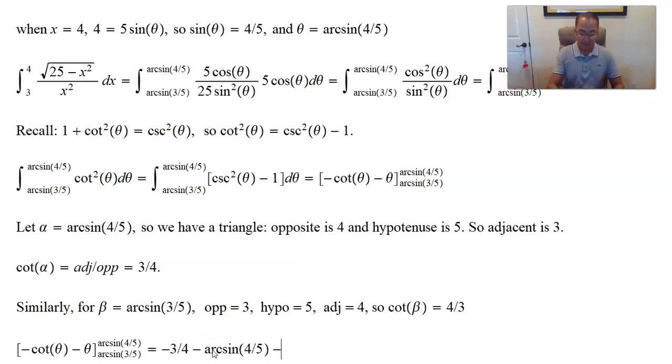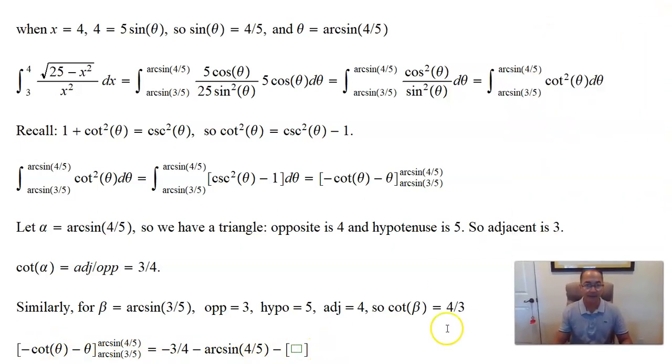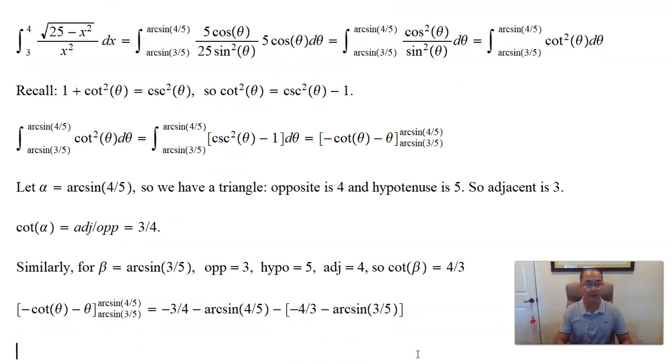Minus bracket, be very careful because you have very dangerous minus signs here. So we have negative cotangent, so we have minus 4/3, and then minus theta, so minus arc sine 3/5. All right, there we go.